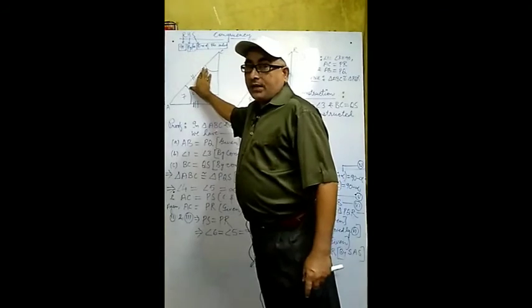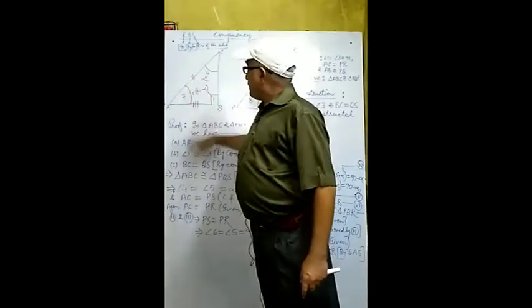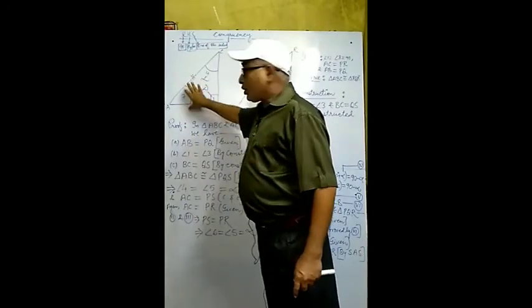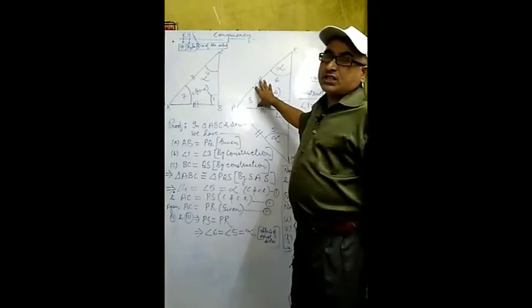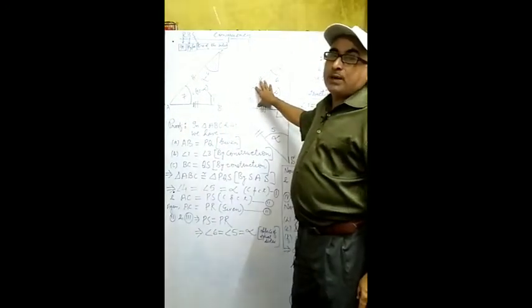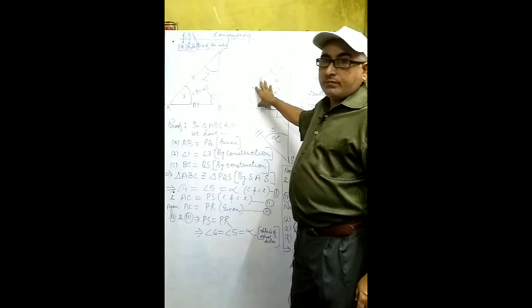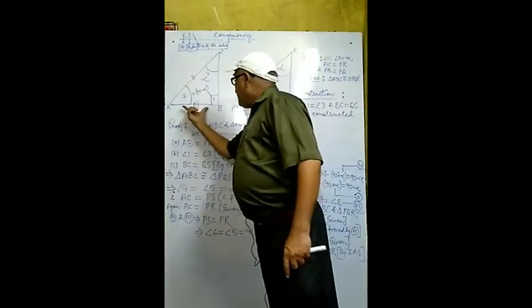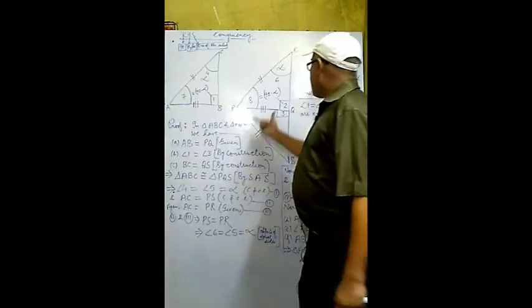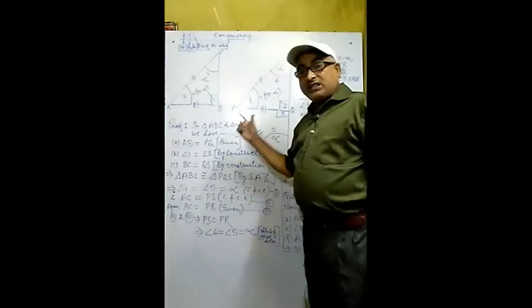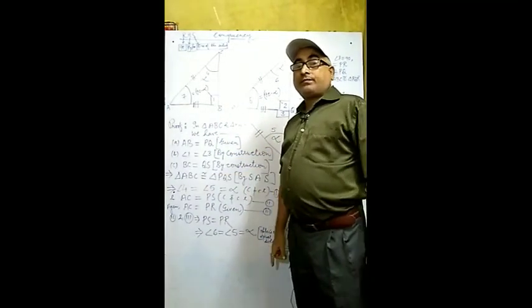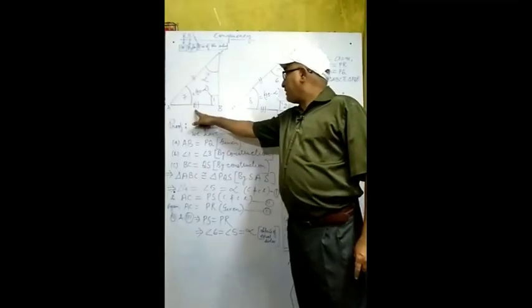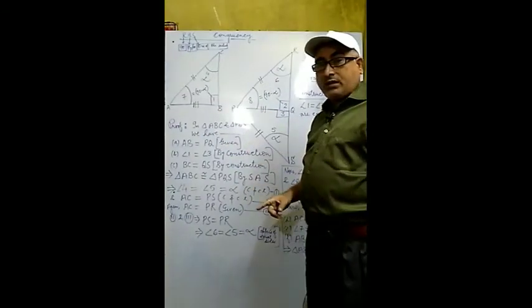Because this one is already given, the hypotenuse is given. This angle 7 is equal to this angle 8, just proved by the angle sum property of triangle. Again, this side AB is equal to this side PQ. It is already given in the condition. One of the sides of this triangle is equal to one of the sides of this triangle.